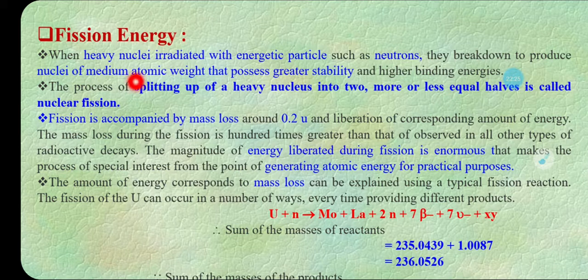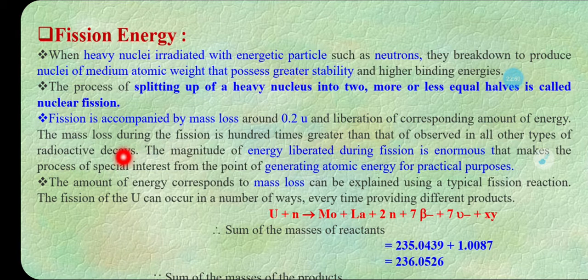The process of splitting a heavy nucleus into two or more nearly equal halves is called nuclear fission. Fission is accompanied by a mass loss of around 0.2 unit and liberation of a corresponding amount of energy.